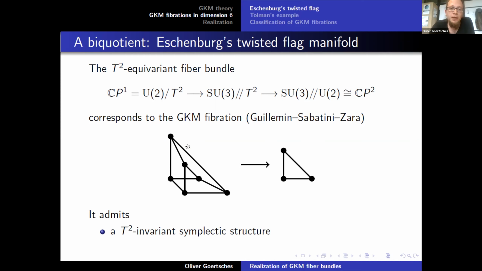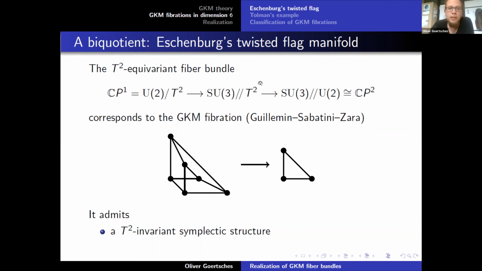So first of all, the fact that this here is an equivariant fiber bundle of this type tells us that this manifold admits a T2 invariant symplectic structure. So this is what's sometimes called a symplectic bundle, right? We have as a base a symplectic manifold, and as a fiber a symplectic manifold.